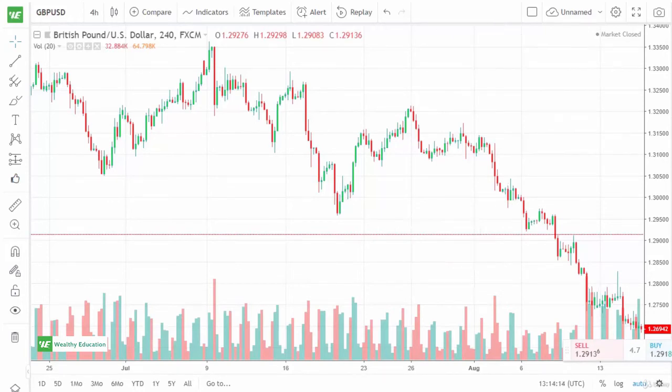So let's take a look at a couple of examples. On this chart, I see a head and shoulders. This is a 4-hour of the cable. After a rally to the upside, you can see that we rallied again and then rolled over.